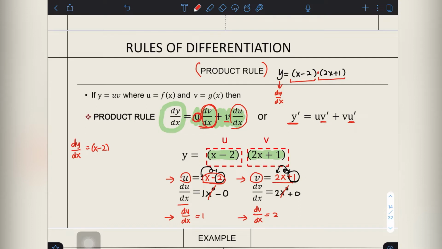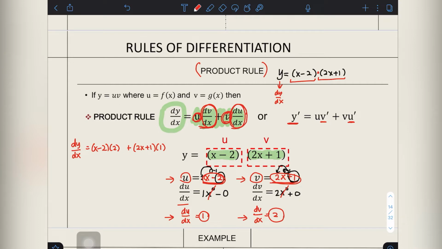Where is your dv/dx? This one, 2. So multiply by 2, plus v. What is your v? Your v is 2x plus 1. So put (2x plus 1) multiplied by du/dx. What is your du/dx? Your du/dx is equal to 1. So multiply by 1. Now you have used the product rule formula to differentiate.